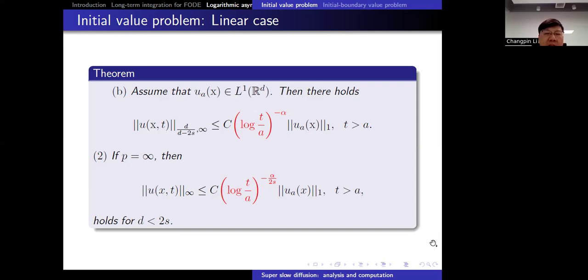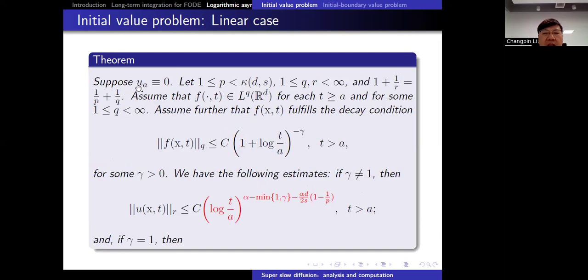Now we consider the homogeneous initial value condition. That means u_a equals 0. This is p, and this is the critical value kappa, and q and r like this, and f in L^q for any t.